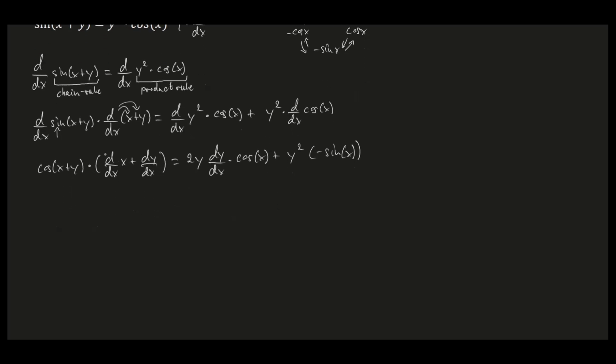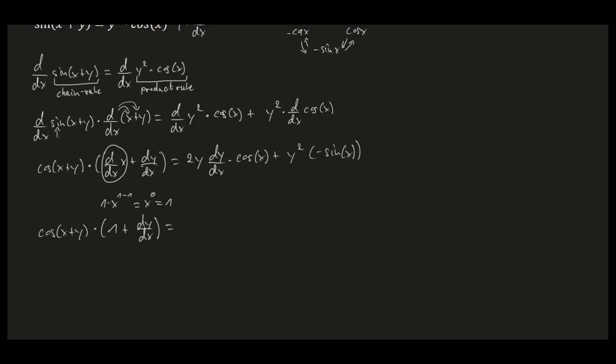And when we differentiate this term here, then we will get 1 times x to the power of 1 minus 1. This will give us x to the power of 0, and this is 1. Okay? So we get cosine of x plus y times 1 plus dy over dx.